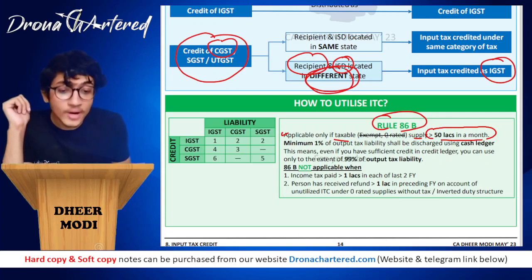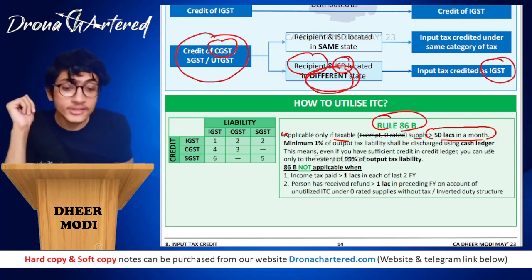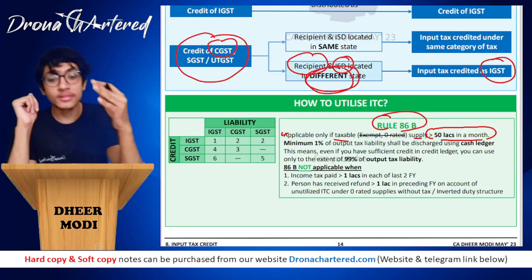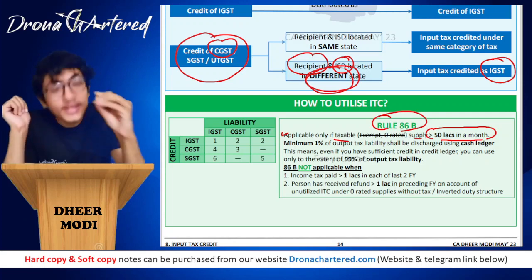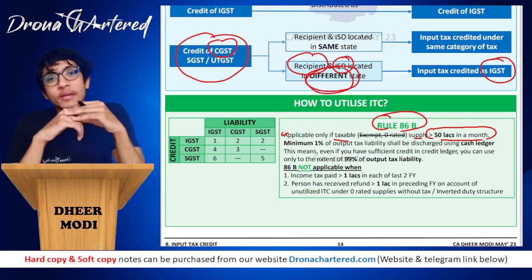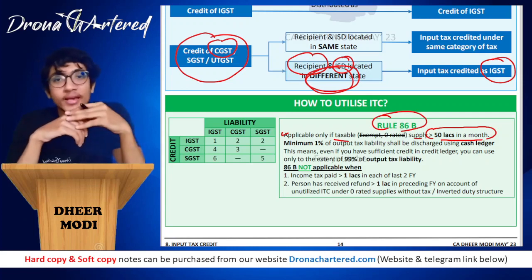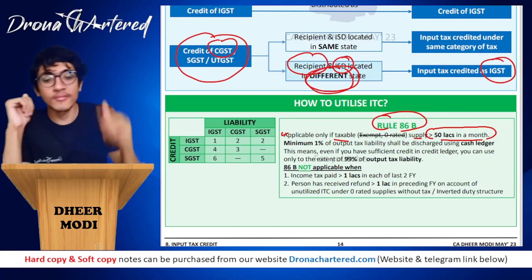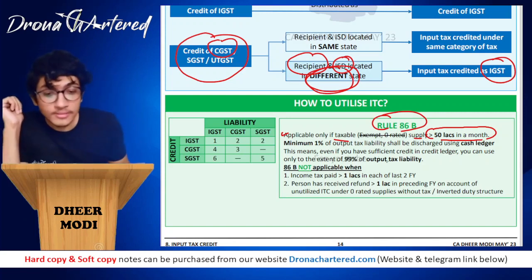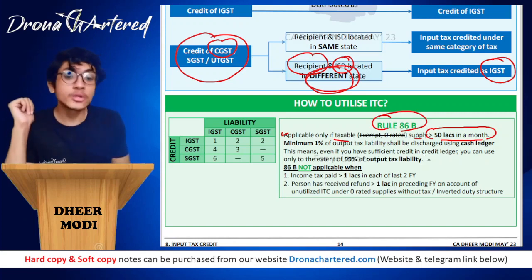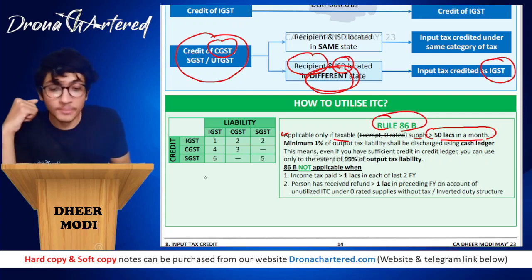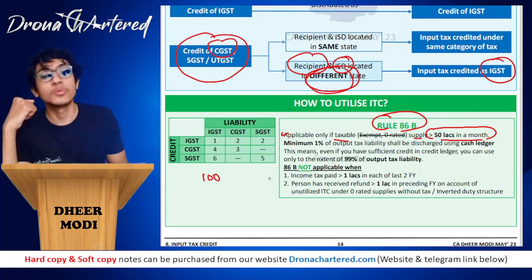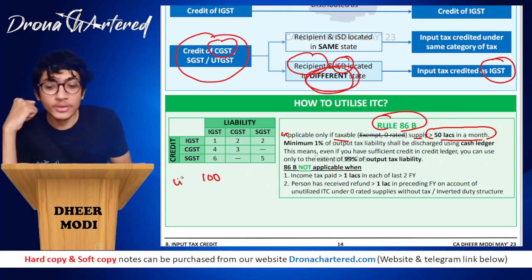Minimum 1% of output tax liability shall be discharged using the cash ledger. This means that maximum only 99% of the total output tax liability can be paid via your credit ledger. At least 1% you will have to pay via cash ledger. Even if you have sufficient credit in your credit ledger, for example, your liability is 100 rupees and you have a credit of, say, 150 rupees.